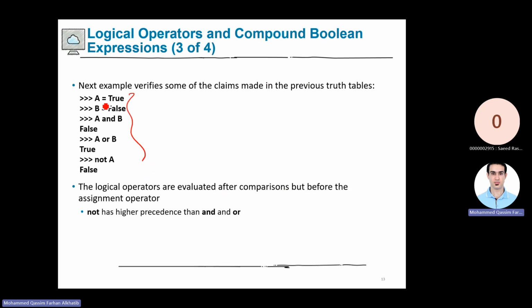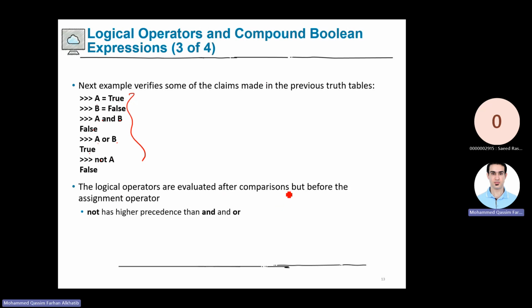So you create a variable called A. You assign the value true. The data type is Boolean. Another one for B. When you do the AND operation, the result is false. When you do the OR operation, you get true. NOT A: negation of true is false. The logical operators are evaluated after comparisons, but before the assignment operator.